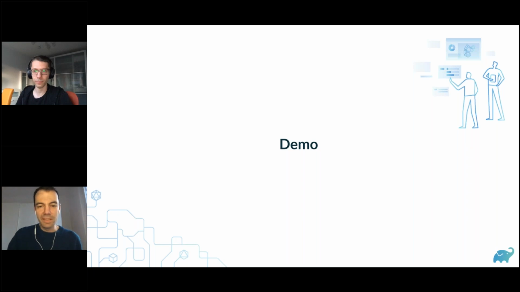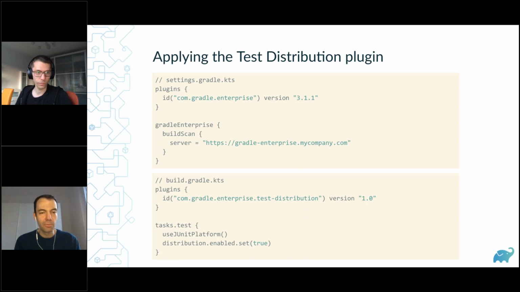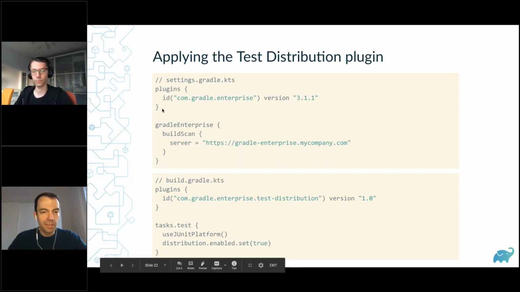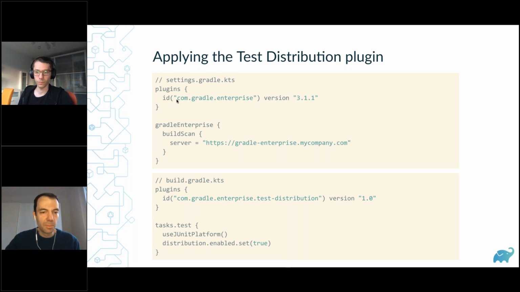I'm going to now explain a few more things in a bit more detail and recap them. So first off, the configuration that you need to apply the test distribution plugin. This assumes you're already on Gradle 6, but as I will show later, it also works on Gradle 5. In a Gradle 6 build, you would have the Gradle Enterprise plugin as a settings plugin, and then also configure your Gradle Enterprise server in the settings script here.